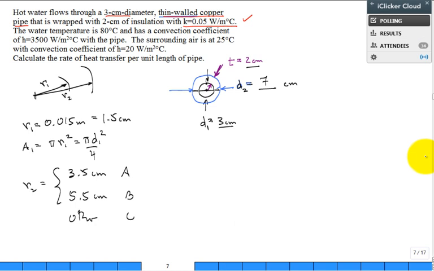Now, before I grade this, I want to go back and ask this question again. R2, what is it? Is it 3.5 centimeters, 5.5 centimeters, other? So what is it? Numeric response? No, not numeric. Stop that. I want to go back to the same multiple choice.